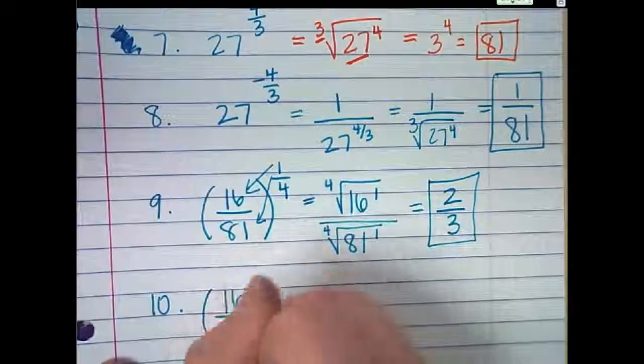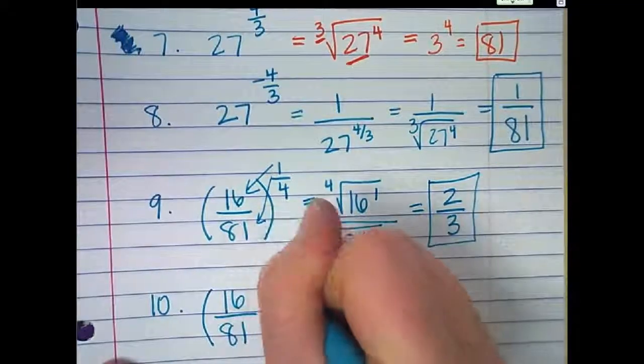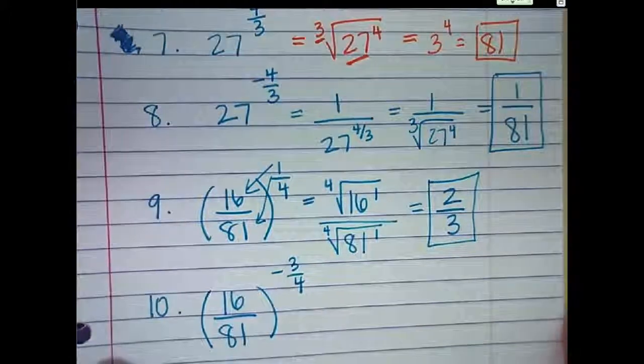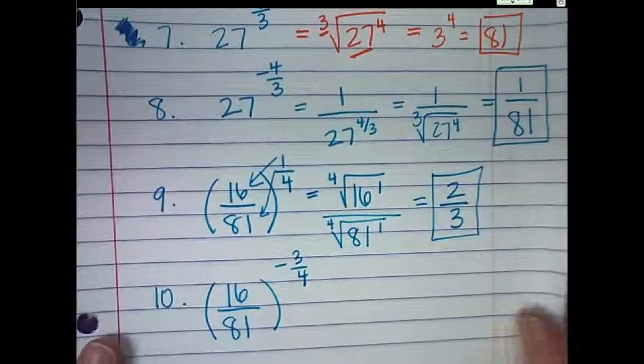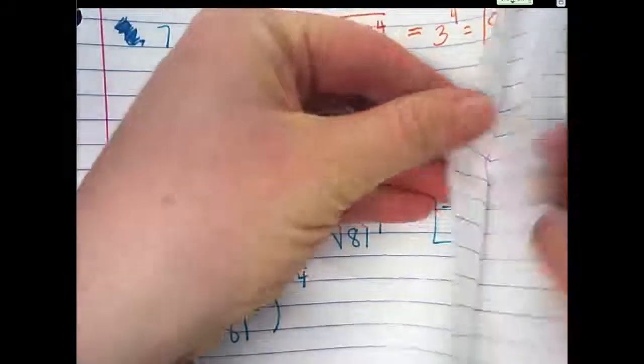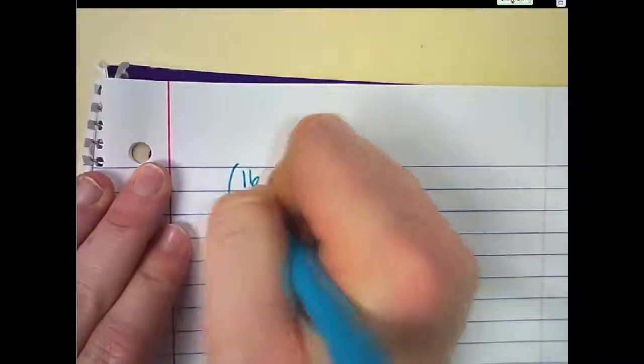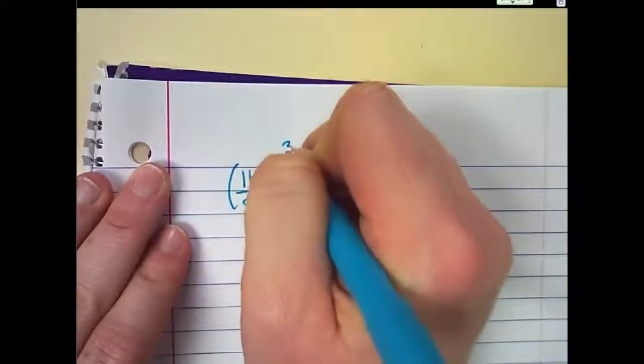Okay, number 10, 16 over 81 to the negative 3/4 power. If it's a negative exponent, I don't have a single number, I have a fraction.